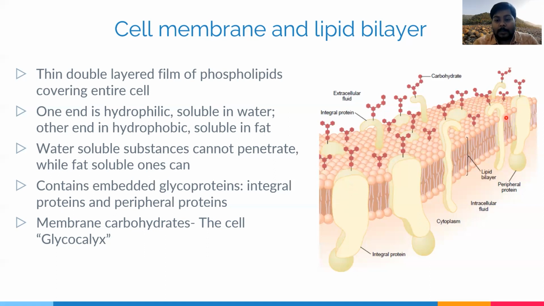The whole cell membrane consists of a huge amount of sugar molecules present on its surface, and this is known as the cell glycocalyx. This cell glycocalyx has a number of functions, which include giving a negative charge to the cell membrane, as well as helping for attachment of the cell to various surfaces. And finally, the cell glycocalyx acts as receptor sites for various ligands.